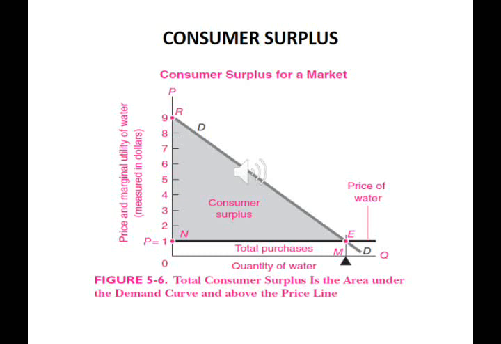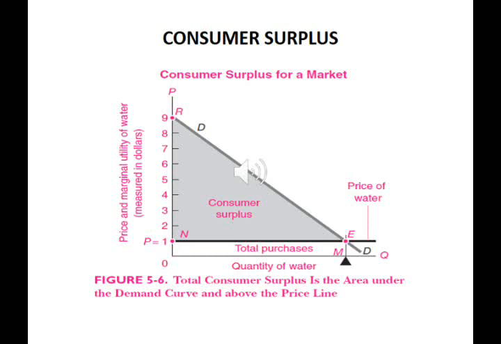It is the area below the demand curve and above the market price of the good. What does this mean again? Consumer surplus, from the graph, is this gray triangle, okay, which falls in the region below the demand curve of the consumer and above the market price.